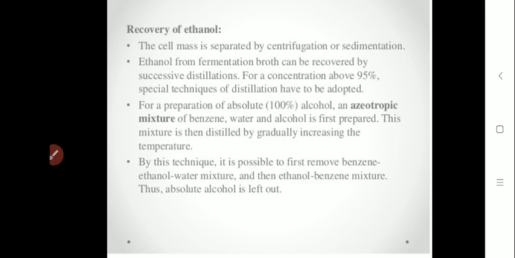Then this mixture of benzene, water and alcohol, which is known as the azeotropic mixture, is distilled by gradually increasing the temperature. By this technique, it is possible to separate the benzene, ethanol and water mixture.